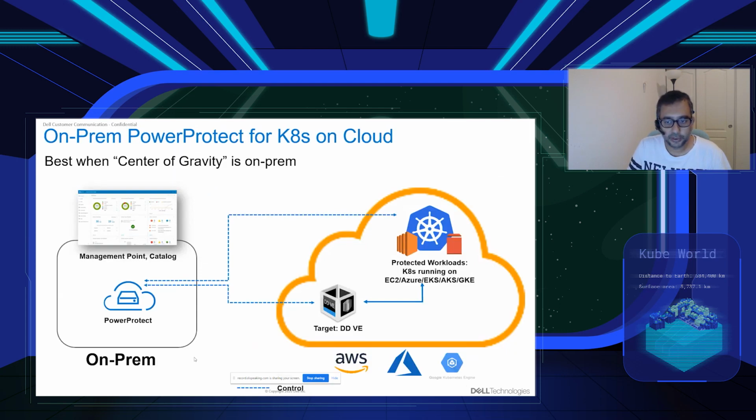And for cloud protection, we have a couple of options for how you can manage that. One mechanism is that you use your on-prem PowerProtect instance management interface and connect it to your cloud instances. So here all the policies will be defined in a central place, so your on-prem and cloud clusters can be managed centrally.